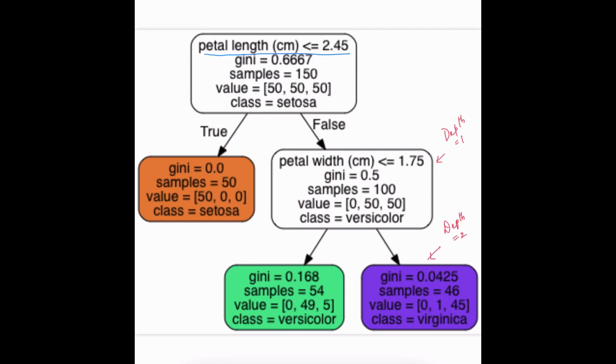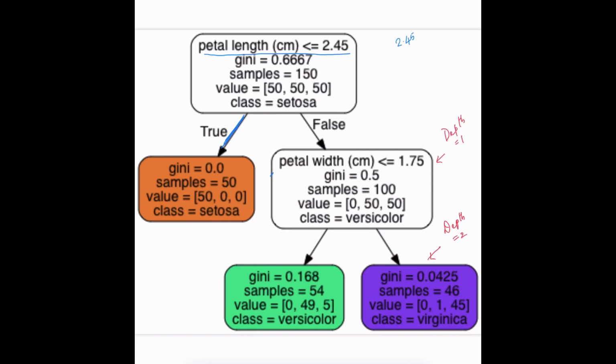We have a continuous valued attribute, petal length, and we are splitting petal length at 2.45. All the samples that have petal length less than or equal to 2.45, if it is true, are going to go in this path.